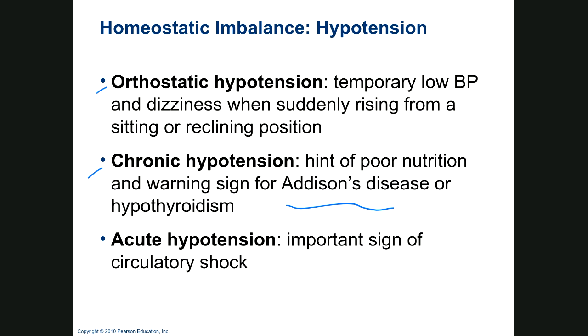Maybe they have parasites, disease, anything that causes plasma proteins to go down can cause low blood pressure. Hypothyroidism also causes hypotension. Acute hypotension, that means they were fine a little while ago and now they got it bad. That's probably shock.